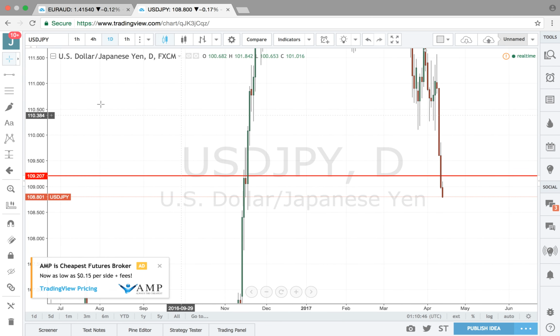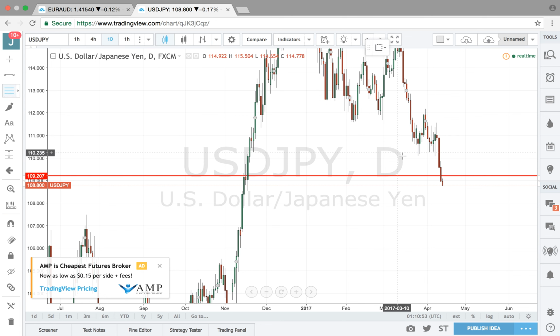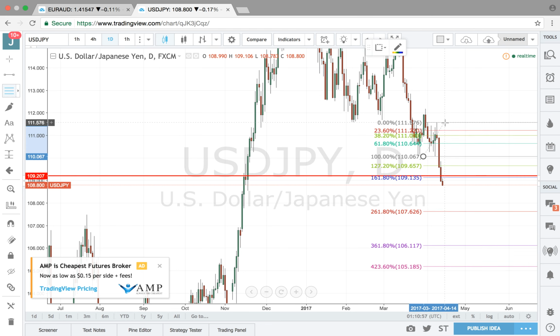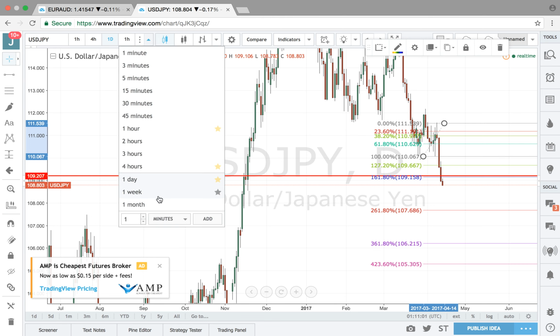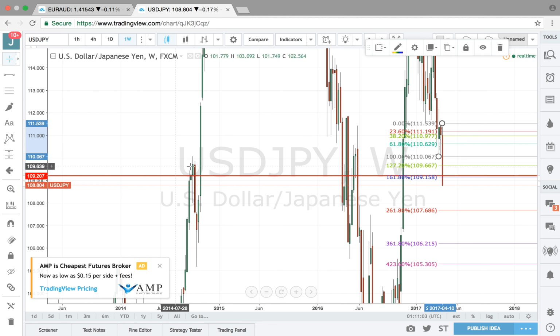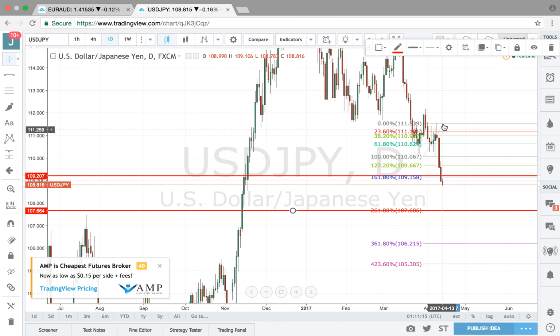Let's go to the day. Also, let's look at the weekly, see what it's doing. So you'll see the weekly also that it's just showing that there's more drop to happen. So the daily, so this one is that next extension level.